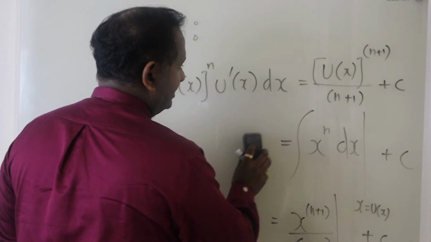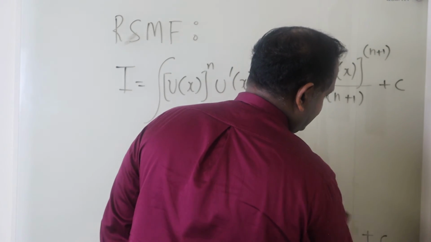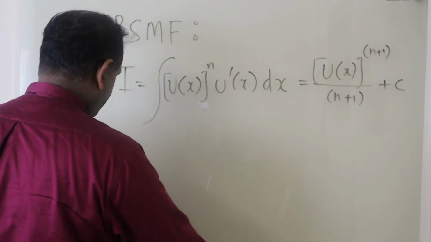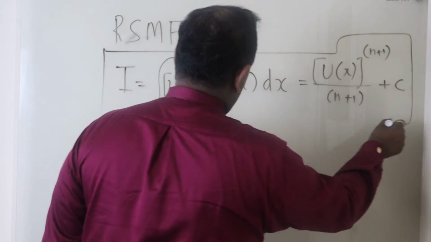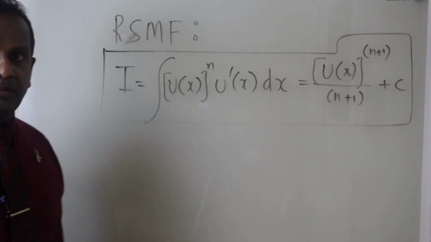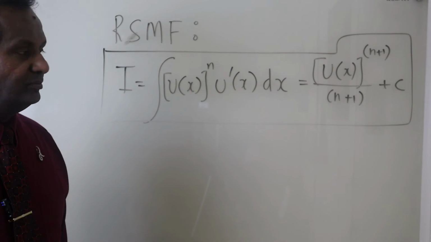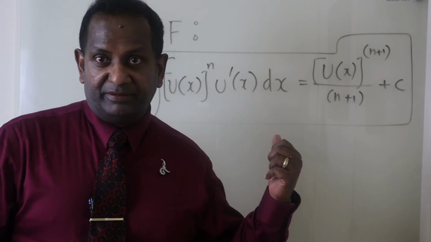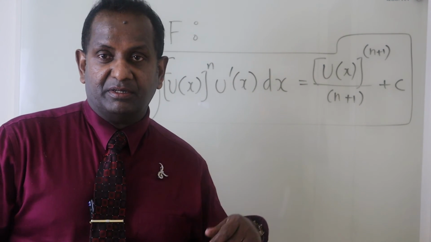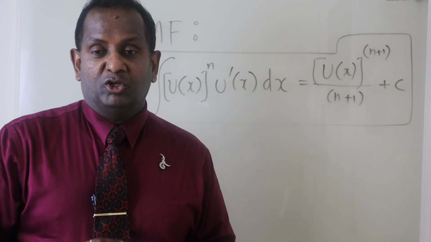So you see, this is the revised substitution method formula for this particular case. Pretty much what we're going to do, we're going to utilize this in order to get our integral evaluated. So it's easy.